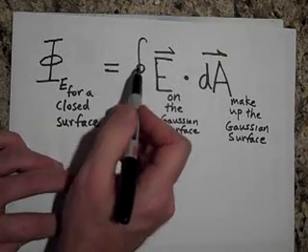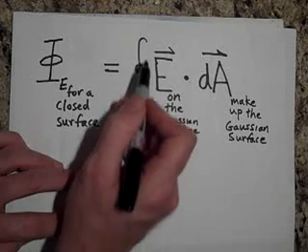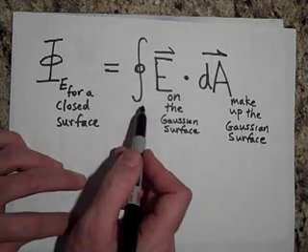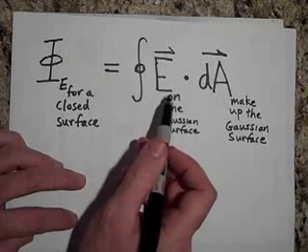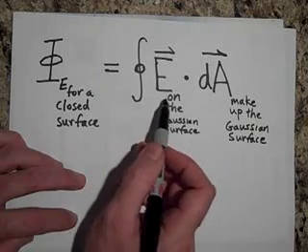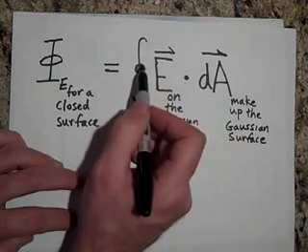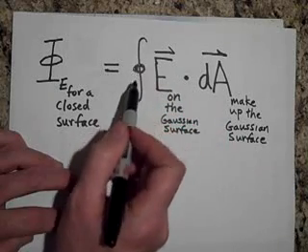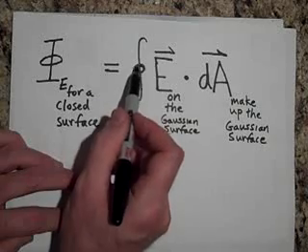And what this is saying is that you're going to start somewhere on that surface and you keep adding until you've added every single E dot dA for the entire surface. So this is a definite integral, and what makes it a definite integral is this symbol here.